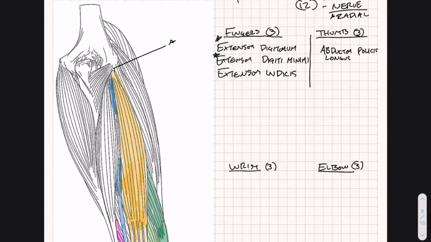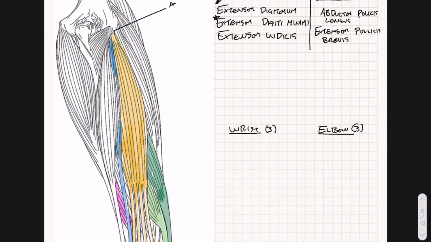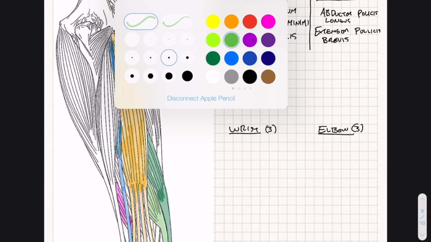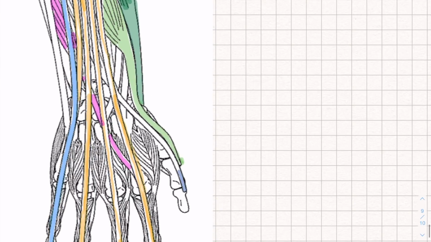So we call this the extensor pollicis. And this one is called brevis because there is one that's longer, and you can see the longer tendon right next to it, covering all the joints of the thumb. So this is the extensor pollicis longus.